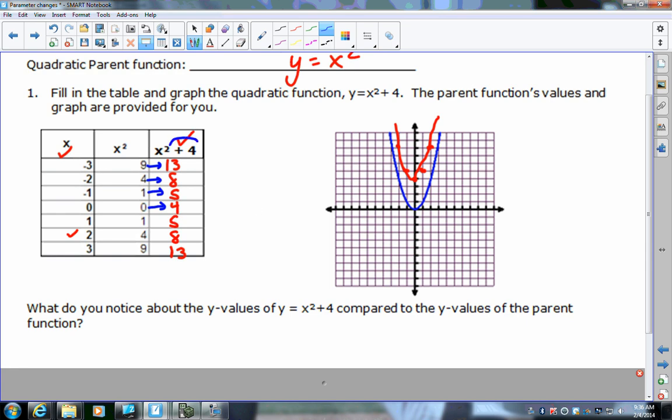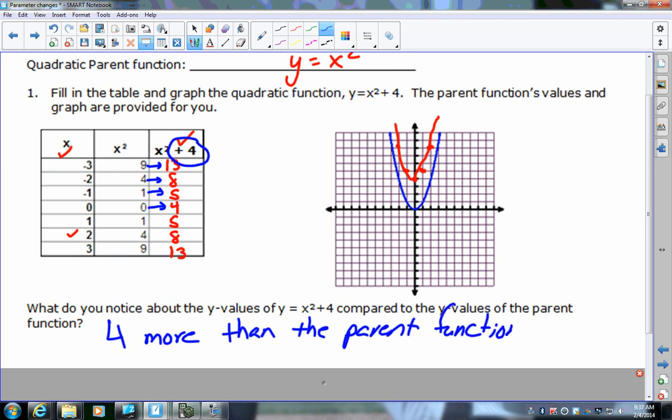Plus 4. So what does it compare to? They're all 4 more than the parent function. And that's because they are shifted up 4 units. That's what the plus 4 does.